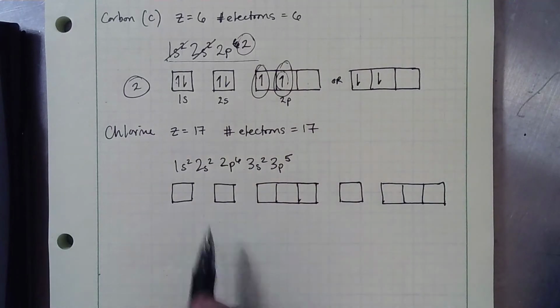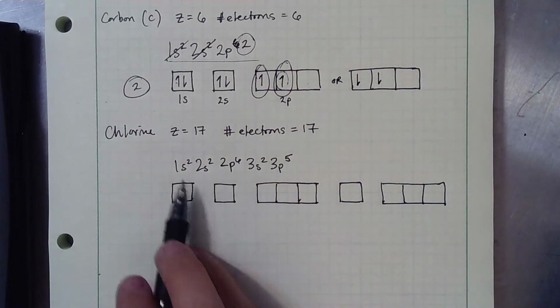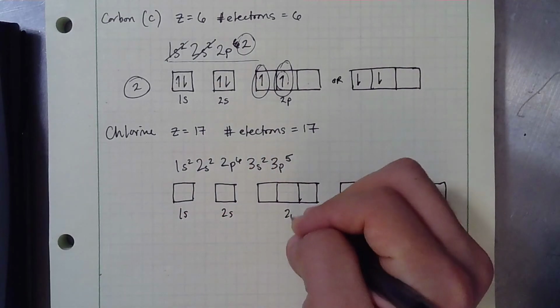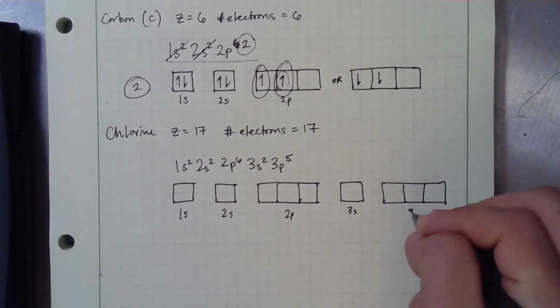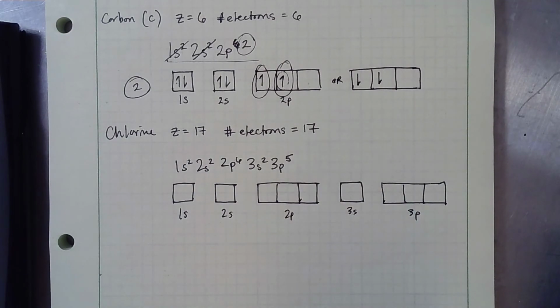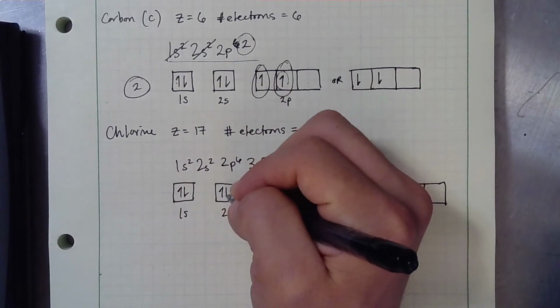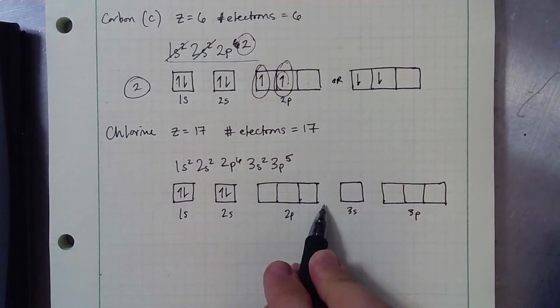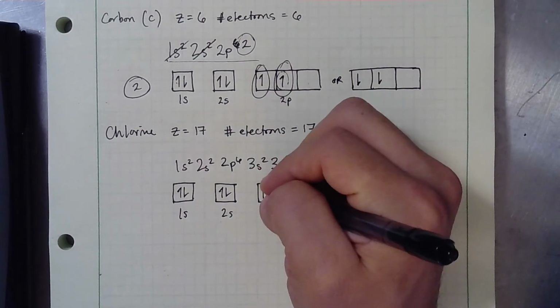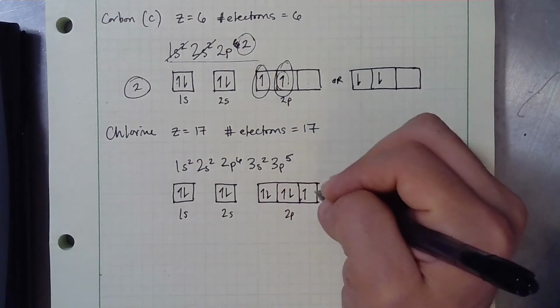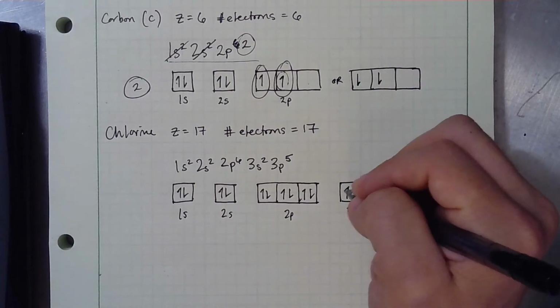Believe I'm just about done. There we go. Let me label these according to what they actually represent. This is the 1s, 2s, 2p, 3s, 3p, and I'll go ahead and start filling these in. So there's 2, 4. The order at which I fill these in, watch this: 1, 2, 3, 4, 5, 6, 7, 8.